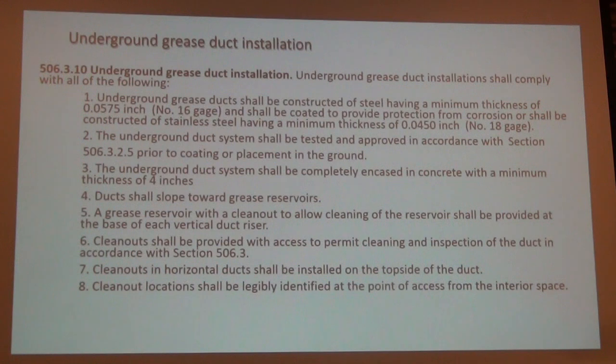Basically, it's going to have to be 16 gauge metal and then coated, or stainless steel, 18 gauge. It has to be encased with a minimum of 4 inches of concrete, and it must slope to a grease reservoir.